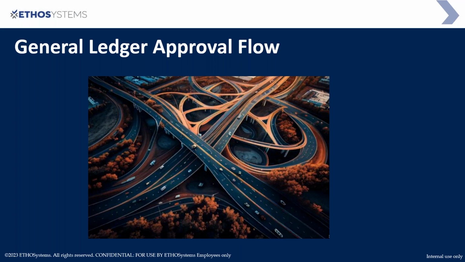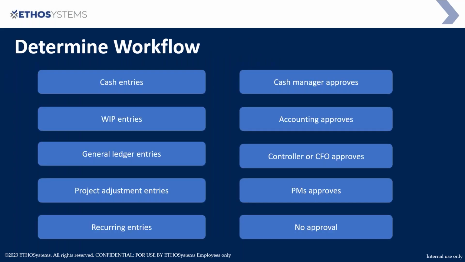And what I mean by that is this. On the left side, we're going to have some journal entries that are cash related, and that's cash coming in, cash going out. We may also have some general journal entries as well, or we may have some entries that are just project related information.